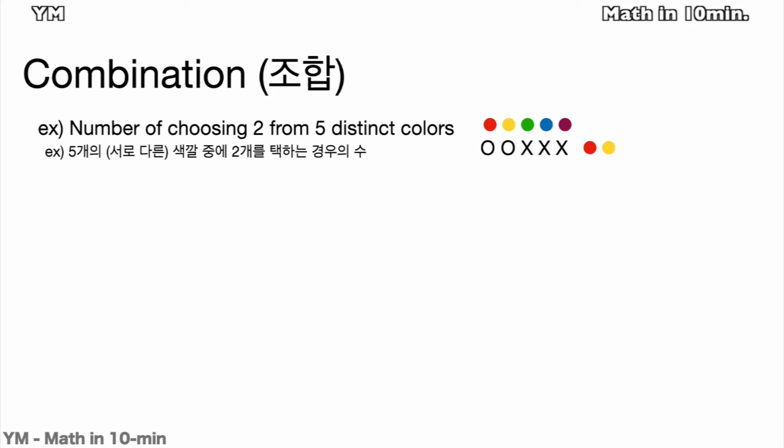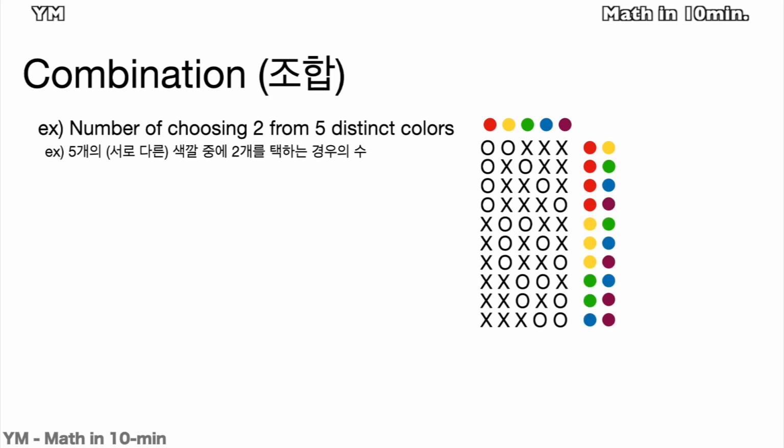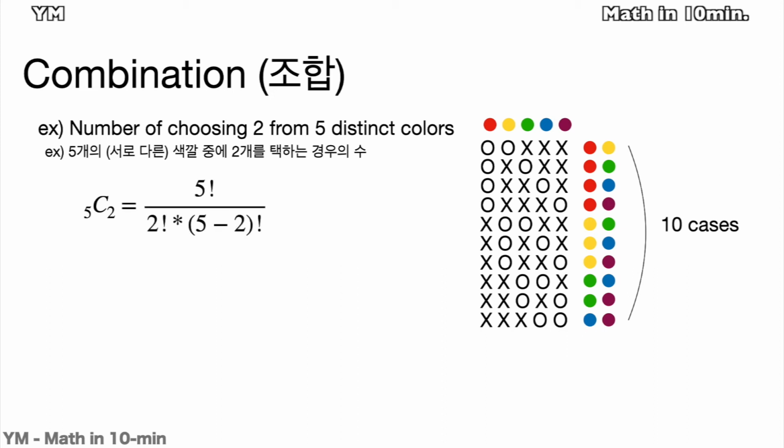I can choose red and yellow, and I can choose red and green. By counting all cases, I get 10 cases. This is defined as 5 choose 2, meaning the number of choosing 2 from 5 objects. It has the following formula, and by calculating it, it returns 10.